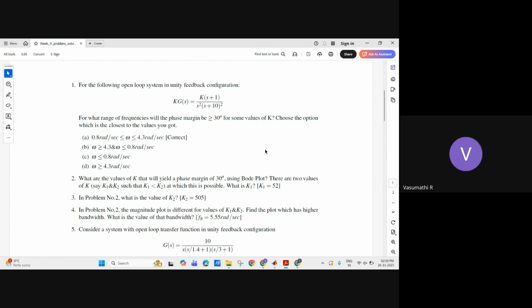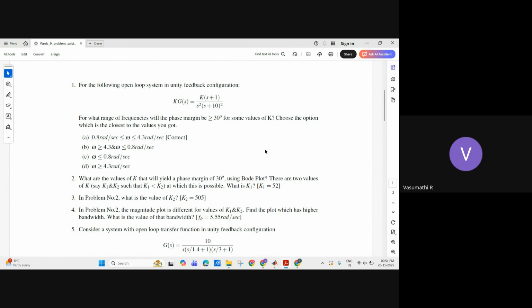The frequency range we found is approximately 4.1 to 4.5. So now we are going to translate this in terms of gain. For this 4.1, how much will be the k? For this 4.5, how much will be the gain? This will be between the 30 phase margin, right? So the idea is to calculate that required phase margin.